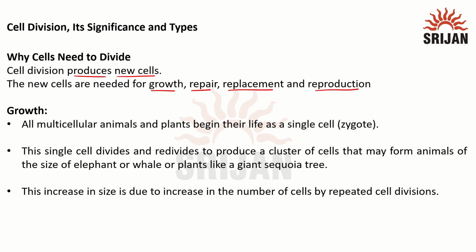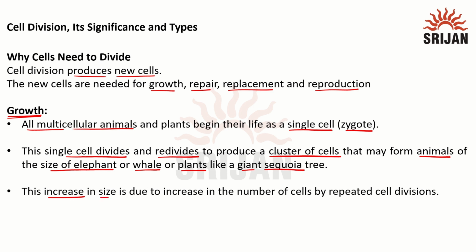First point is growth. Now we all come from a single cell, that is the zygote, and the zygote develops into an embryo, and then the embryo becomes a fetus and a child. So all multicellular organisms like animals or plants begin their life as a single cell, that is the zygote. A single cell divides and redivides to produce a cluster of cells that may form animals the size of an elephant or whale, or plants like the giant sequoia tree.